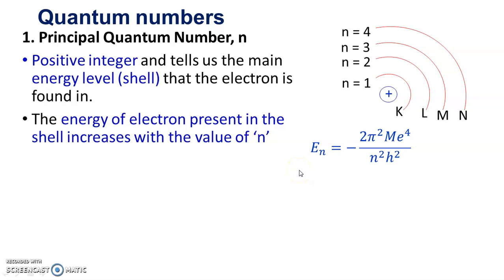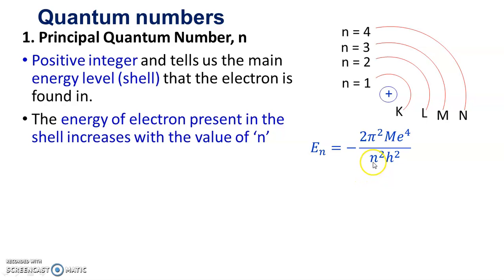Now, the energy of an electron present in a particular shell increases with an increase in the value of n. This is the formula for energy. En is the energy of any electron in a particular shell. It is given by this relation: En is equal to minus 2 pi square m e raised to 4 upon n square h square.